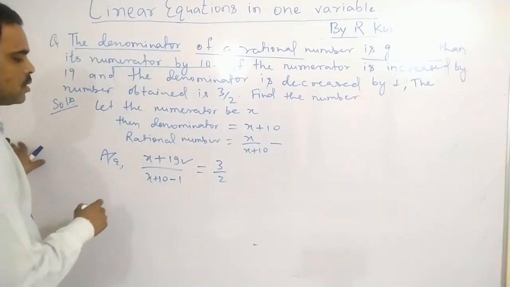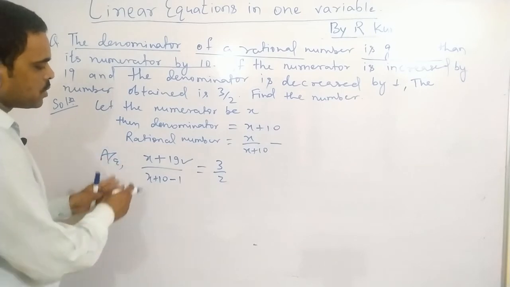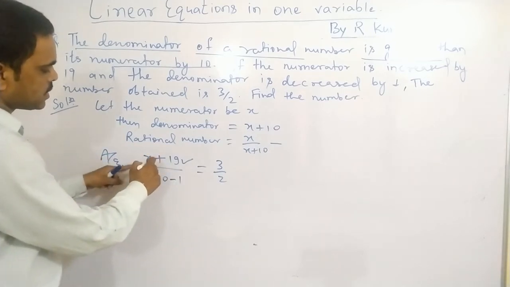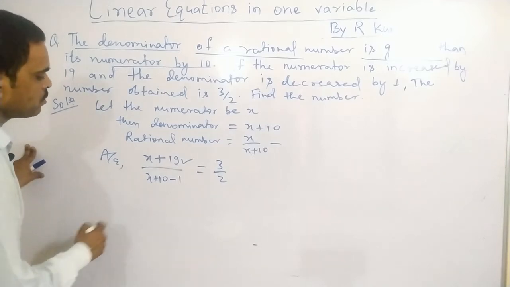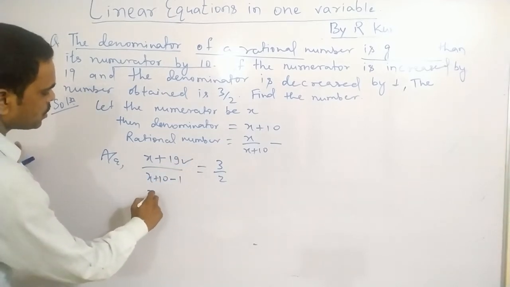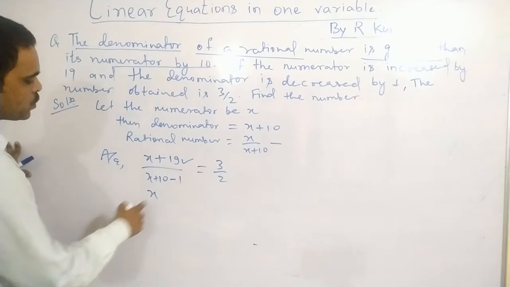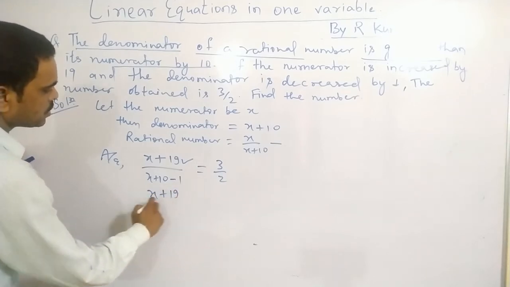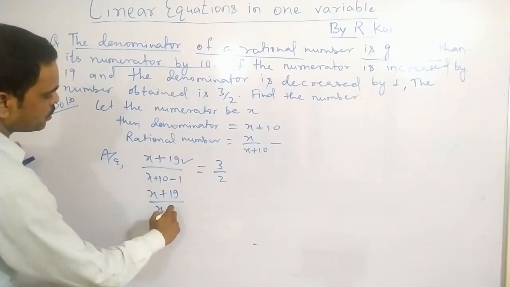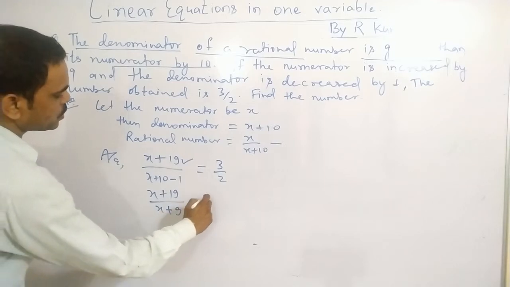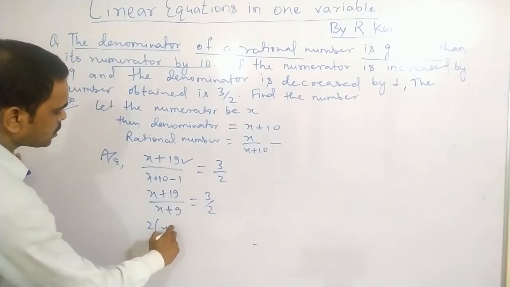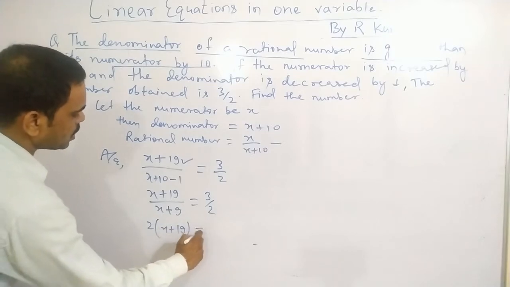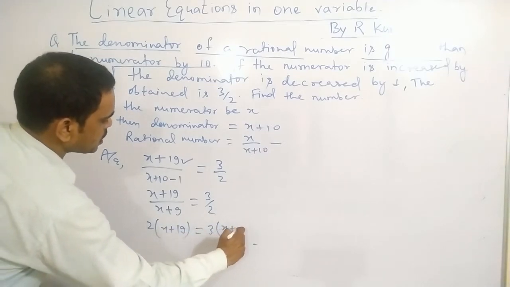Simply we will do the cross multiplication, because this is in p by q form, and the other side is also in p by q form. Before that, 10 minus 1 we can do, so we get x plus 9 equals 3 by 2. 2 into x plus 19 and 3 into x plus 9.